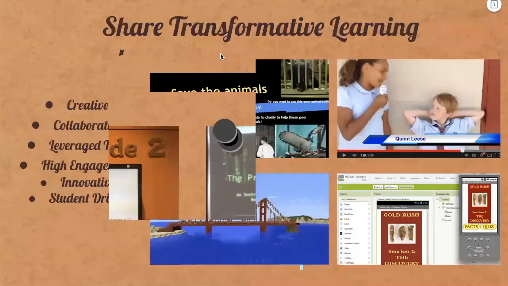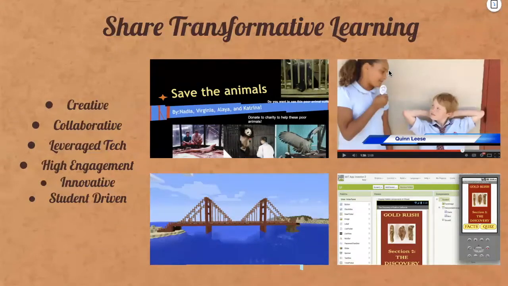Basically, my goal was to share some of the transformative learning that was happening in my classroom. This learning was very creative. It was collaborative when it needed to be collaborative, and independent when I wanted it to be independent. The students were leveraging technology in a really fun and cool way.